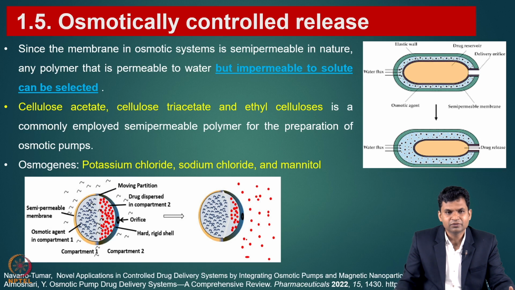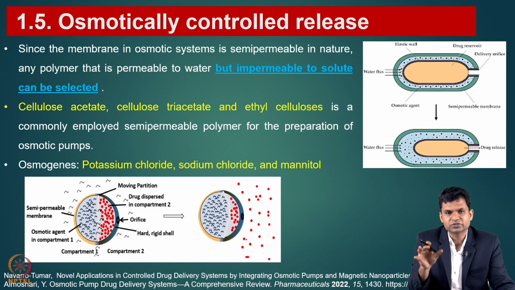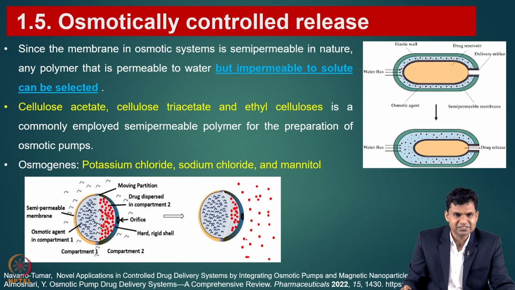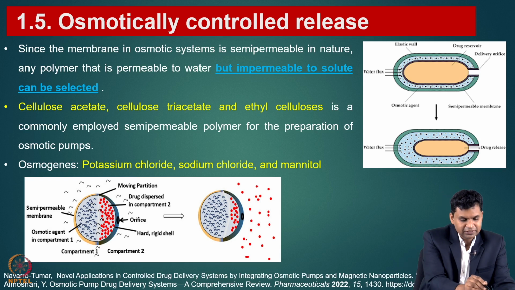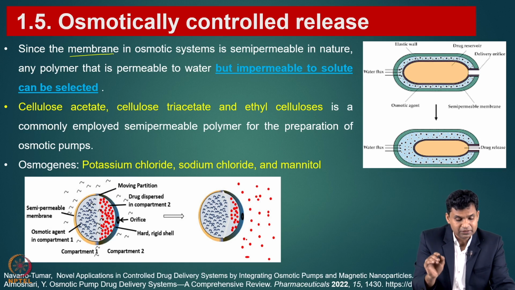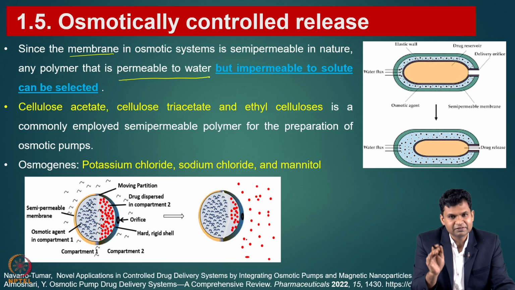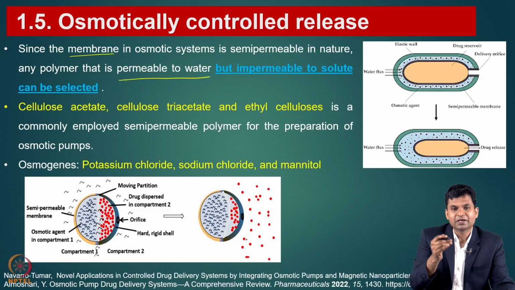Here you will see more detail on the components which are used in osmotic drug delivery systems. As we know, it contains a semi-permeable membrane that should have the property to permeate water but should not permeate the solute from the system.